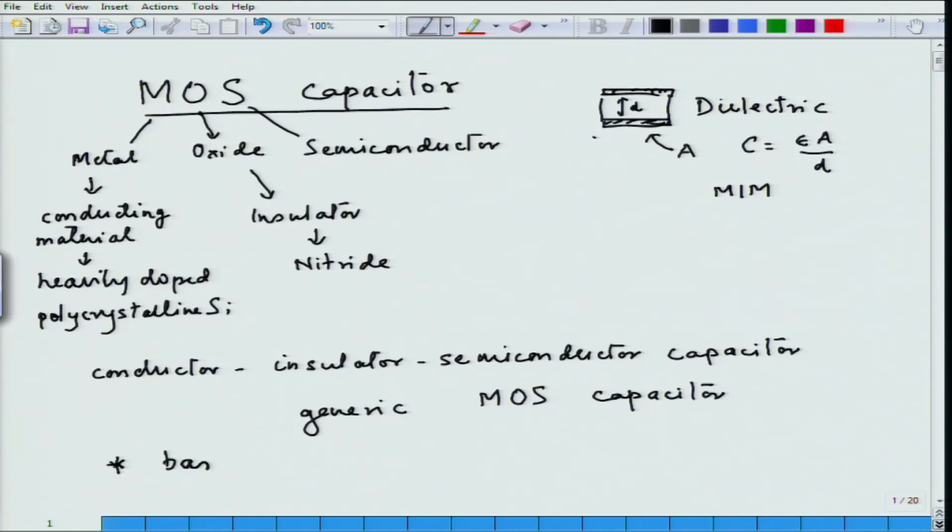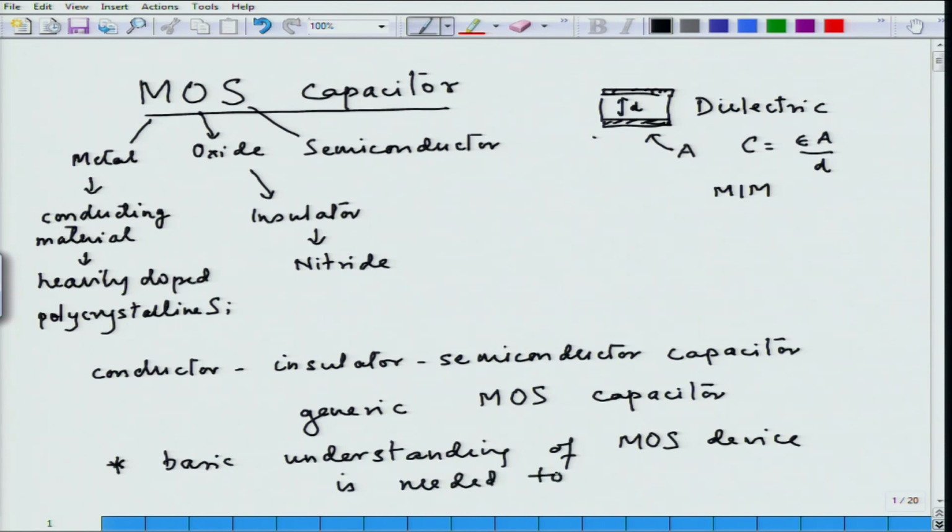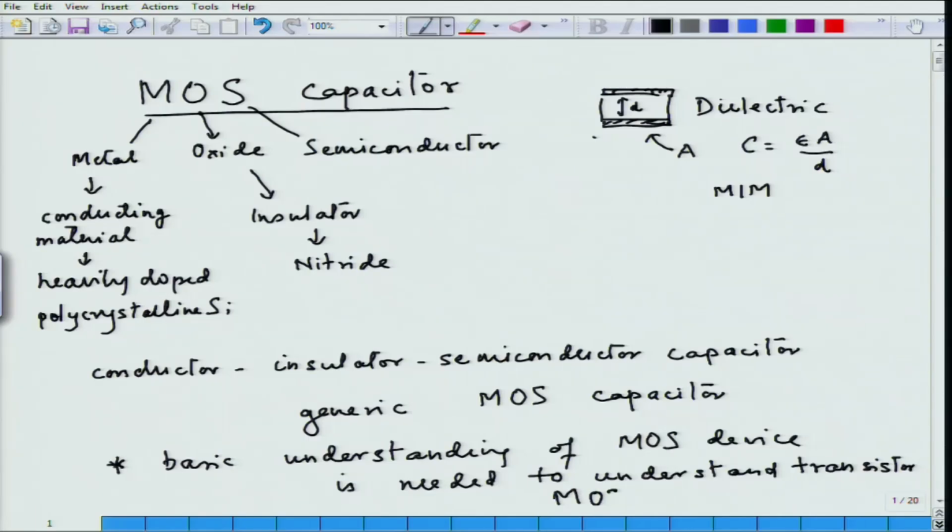The basic understanding of the MOS device is needed to understand transistors, because today in integrated circuits one of the most common transistors that is used is the MOSFET, and as you can see in the name, it is metal oxide semiconductor field effect transistor.